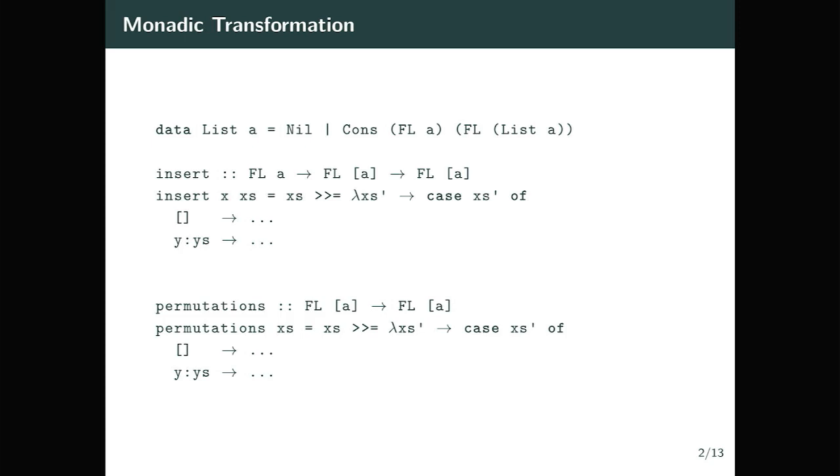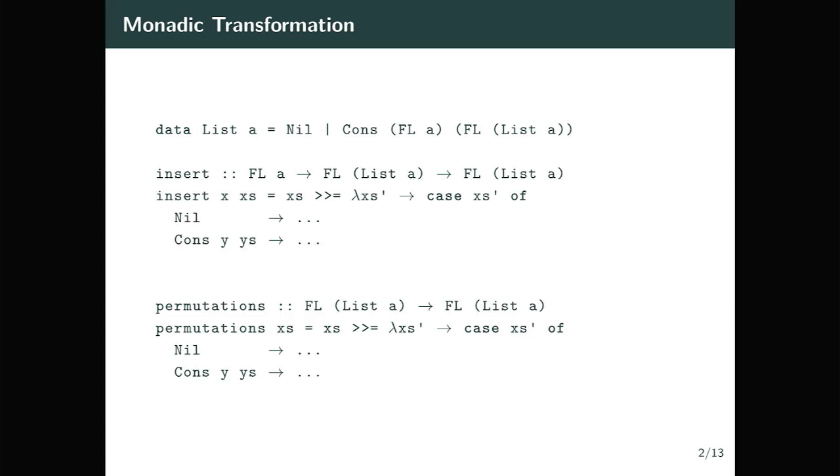And of course, then we have to adjust our pattern matching and the type of our insert function and also the permutations function. So we now pattern match on these new constructors.